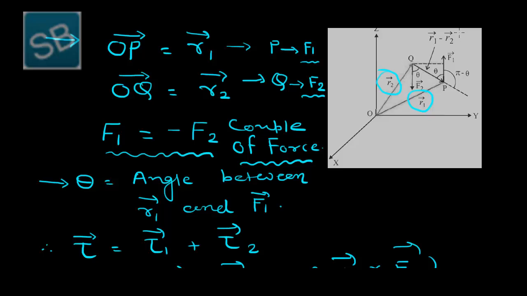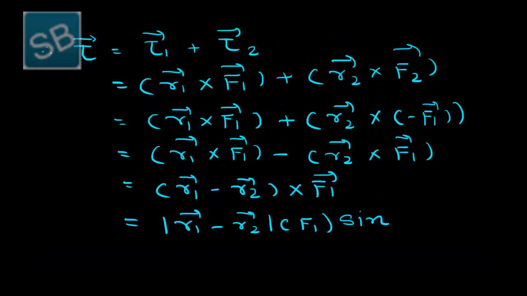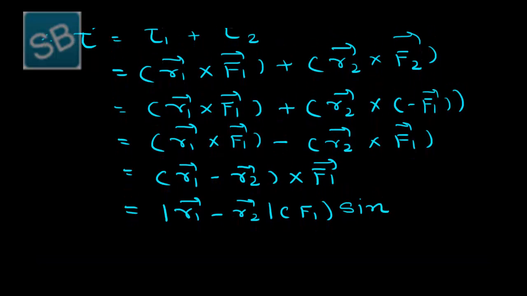You can see here the vector R1 minus R2, and the angle for this particular vector quantity is pi minus theta, because P, F1 and Q form a triangle and so we have the value of theta on the two sides. So I can directly subtract the value of theta from pi. So here I will substitute sine of pi minus theta.